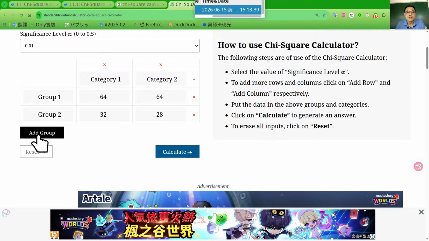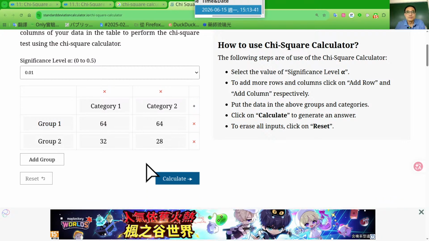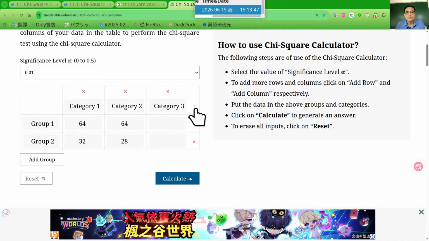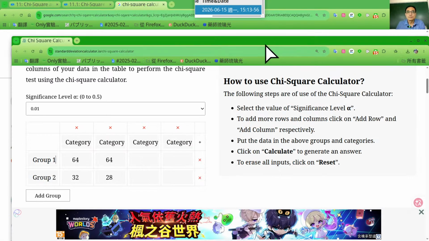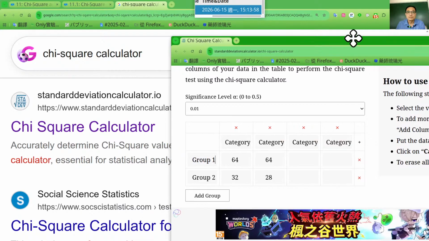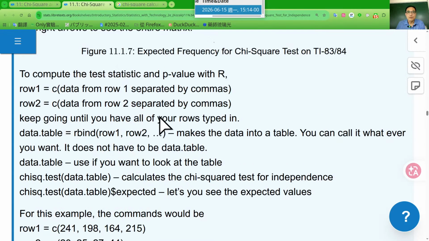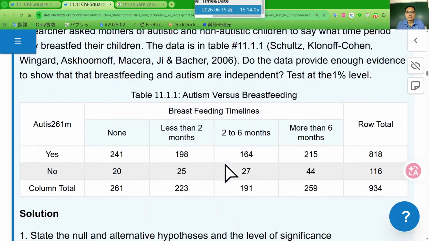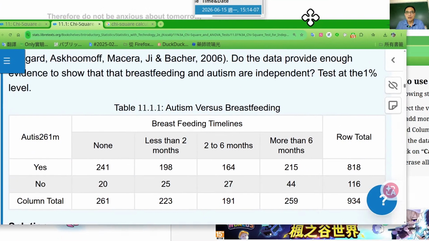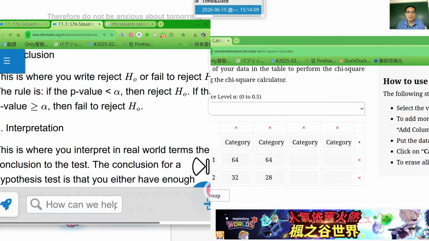Add groups. Let me copy the information here.